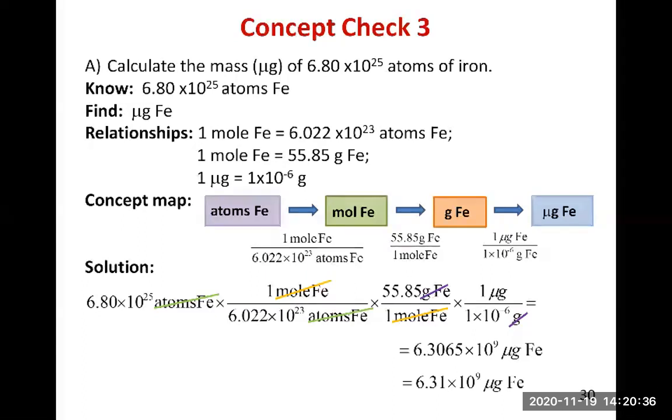So it's going to be 6.31 times 10⁹ micrograms of iron. And that's the mass for this number of atoms. It's a huge number of micrograms because really this should be milligrams, grams, it should be even kilograms to make more sense.